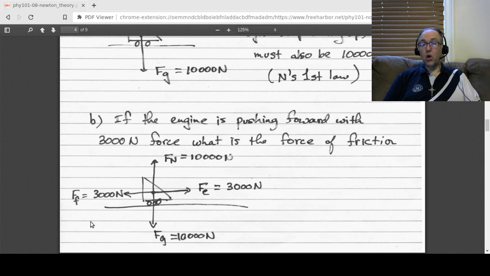Now, when we go to do problems, we're going to have vectors in all different directions. Not too complicated, but they will be in many different directions. The trick in solving those problems is to actually resolve all the vectors, that is, break up all the vectors, so that you only have vector components going up and down, and vector components left and right.